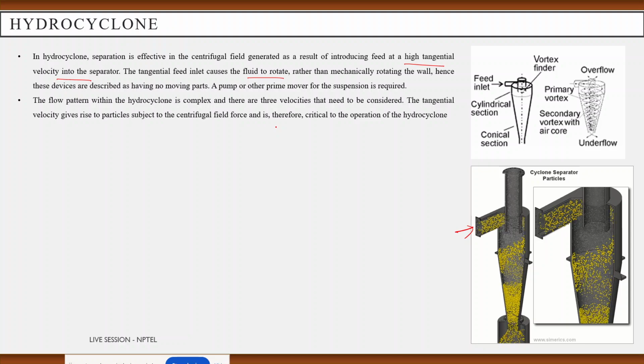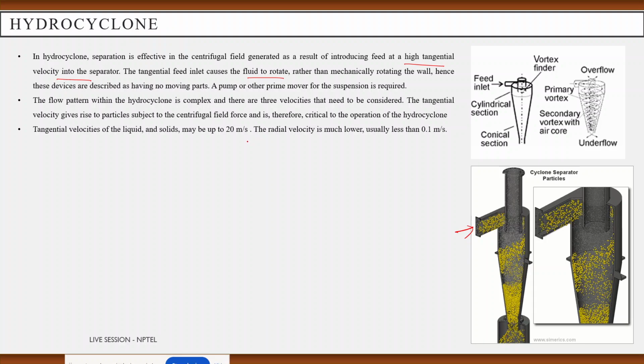The tangential velocity gives rise to the centrifugal force on the particle and is critical to the operation of the hydrocyclone. Tangential velocities of the liquid and solids may be up to 20 meters per second, and the radial velocity is much lower than the tangential velocity.